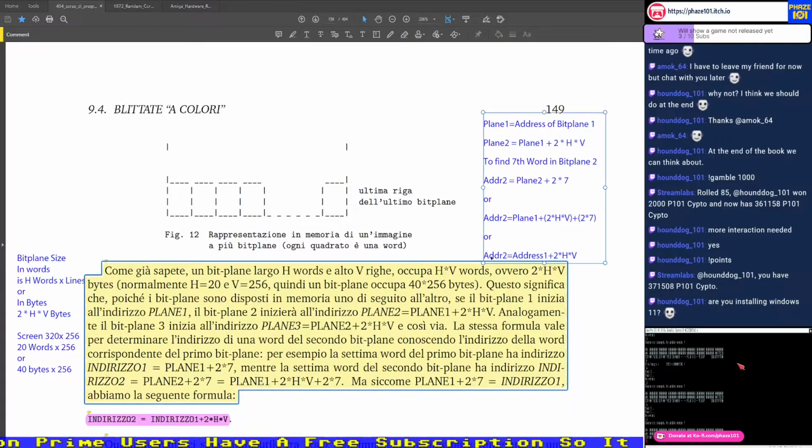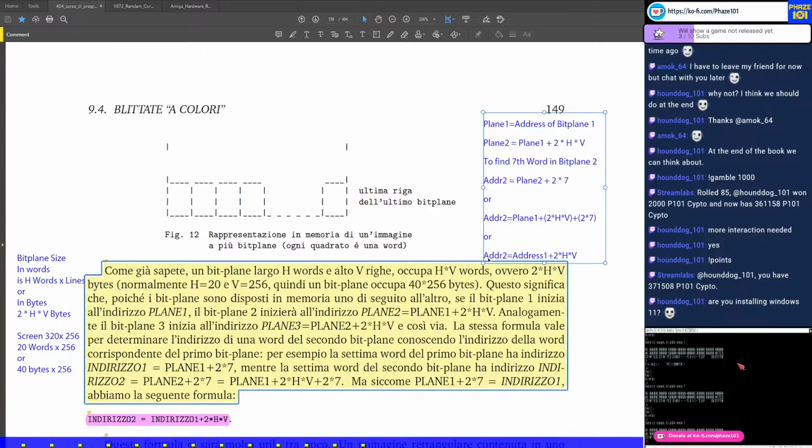So basically what he's saying is, if our image, wherever it starts on the first bit plane, let's say it starts on word number 7, and the address is 100 and our bit plane size is 100 bytes, I'm just going to keep it simple, then we know that the address of the image starts at 200.